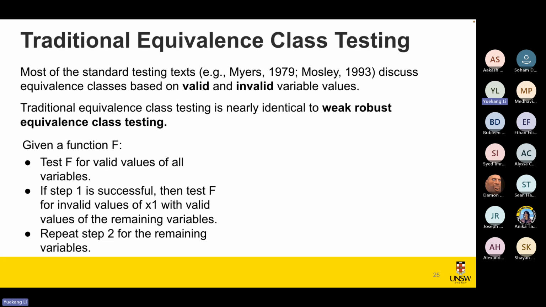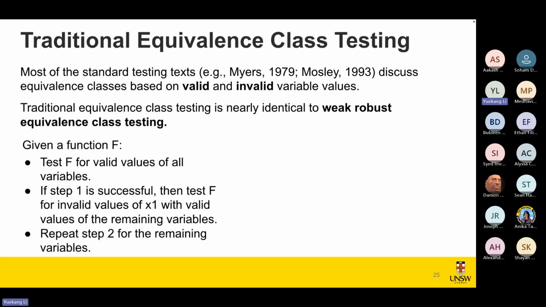So given a function f, because we only have two classes here, valid or invalid, what we do is we try to test the normal case first. We test the value for all variables, and then it's like doing the rotation.